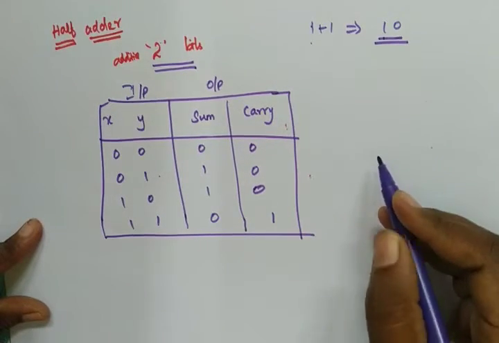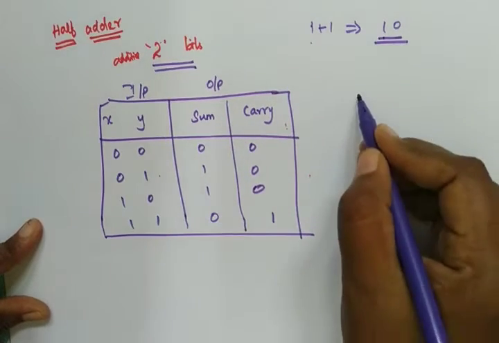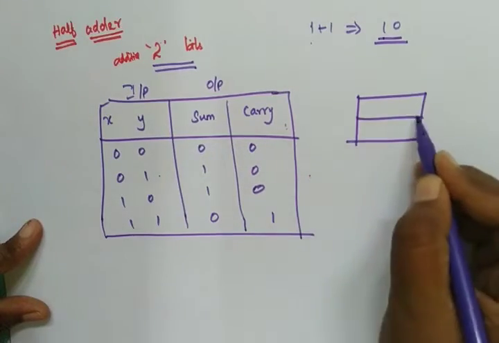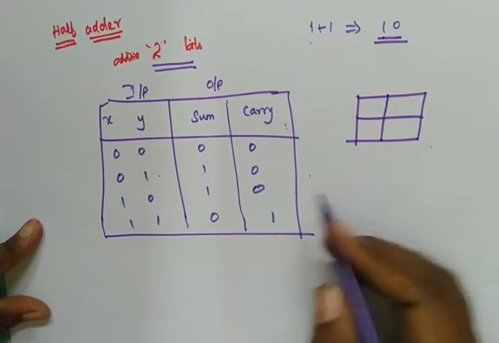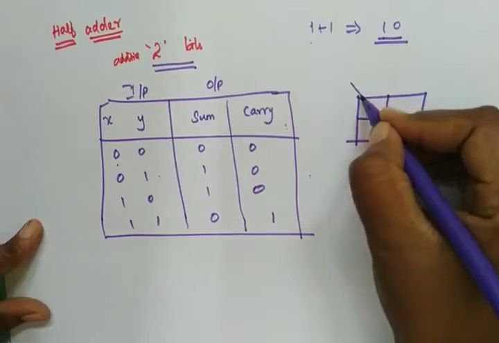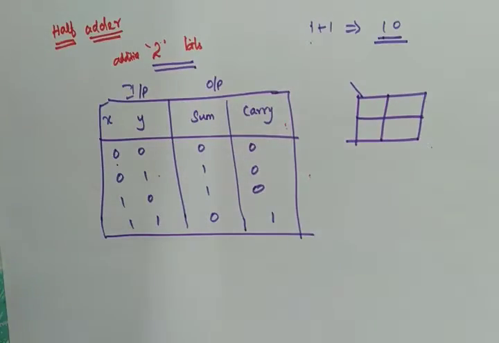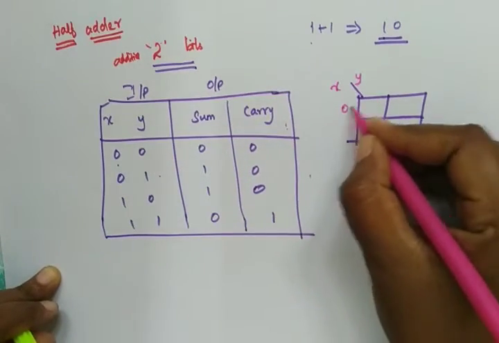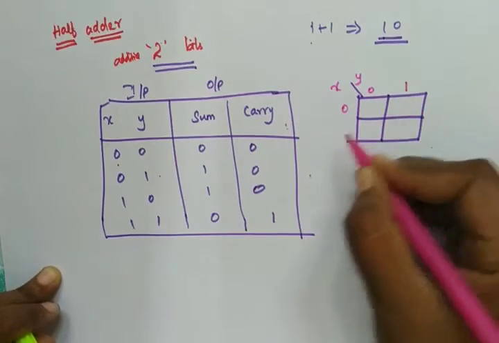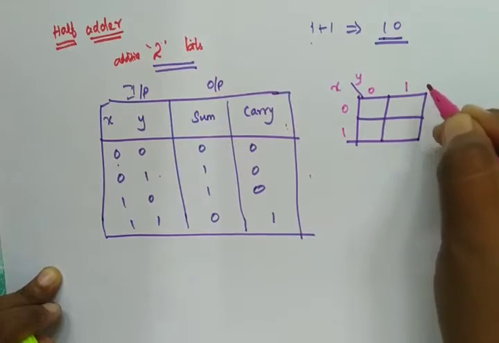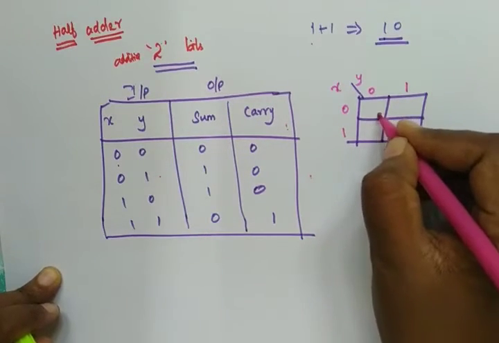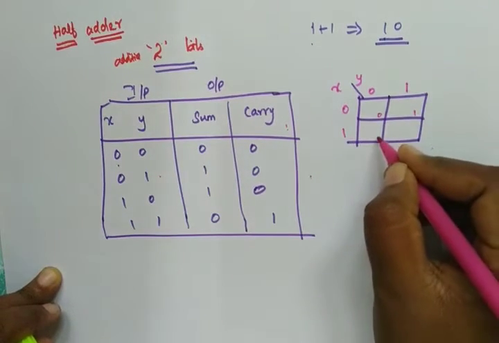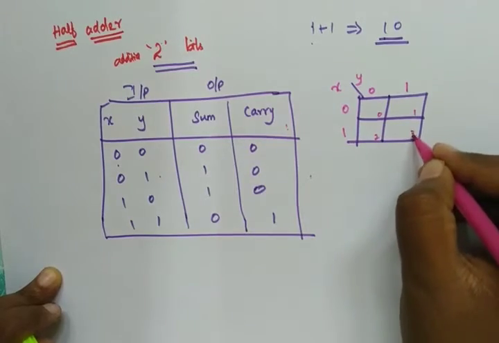Then next what we have to do is solve by using K-map. Since here we have only 2 bits, we must use only 2 variables, x and y. What are the inputs? 0, 0, 0, 1, 1, 0, 1, 1. So 0, 0 is 0, 0, 1 is 1, 1, 0 is 2, 1, 1 is 3.